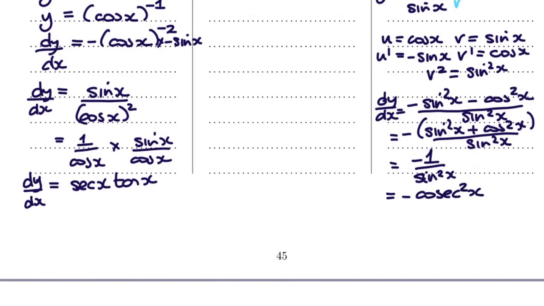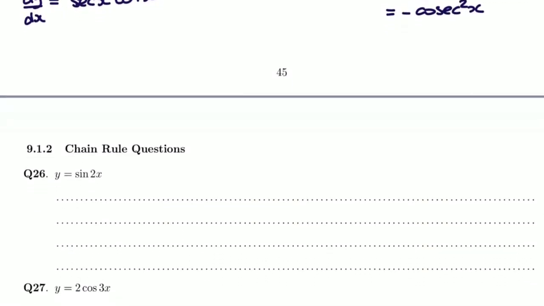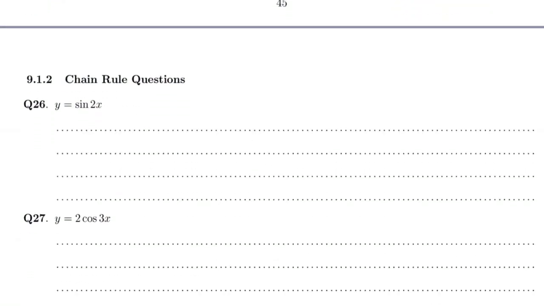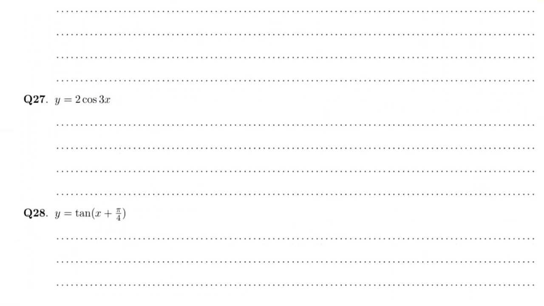Okay, now once you know your trig differentiations, again you only need to remember sine and cos, then you can differentiate any trig function. So I'm just going to have a quick look at a couple here. So we'll have a look at number 27. We've got y equals 2 cos of 3x. So it's quite important. So dy dx.